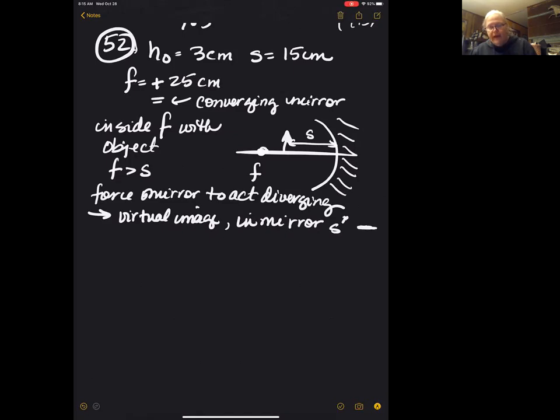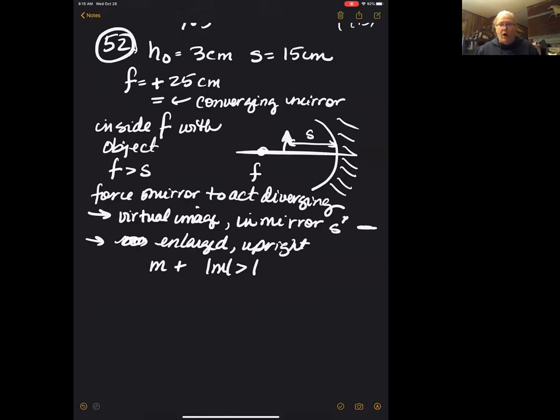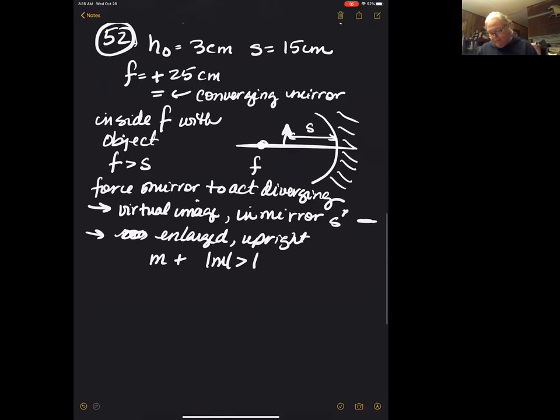All right. And I also know if I look at my ray tracing video that this thing is going to be an enlarged image and it's going to be upright. So that means my magnification is going to be positive and the magnification magnitude is going to be greater than 1. If you go through that video and watch, that's how I know all that stuff.